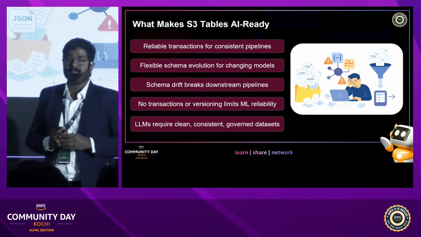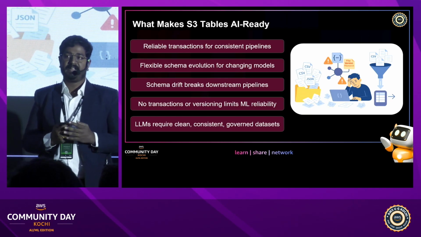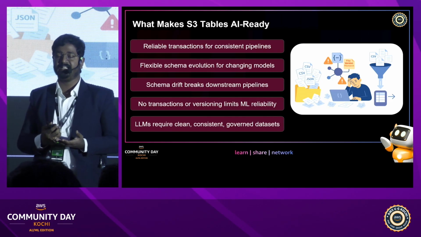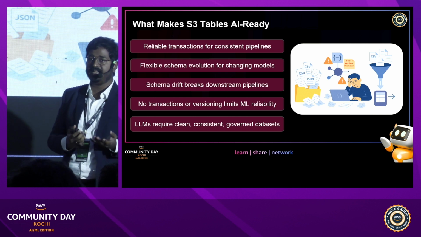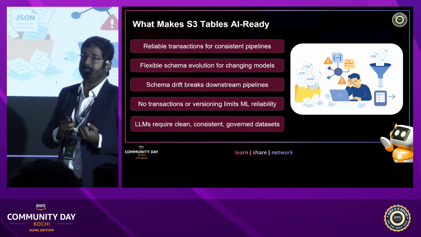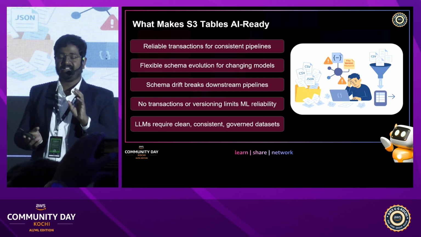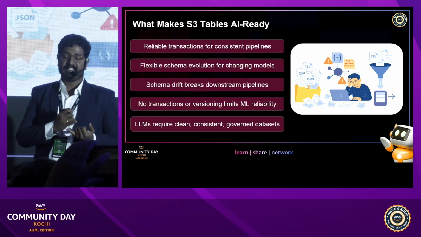Okay. In terms of summarizing how the enterprise can make this S3 Tables AI ready, we see that when comparing a data lake and a data warehouse, this lakehouse helps us create consistent data.